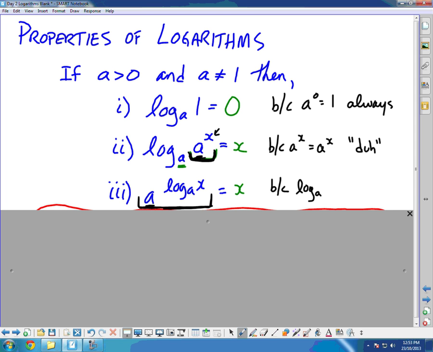What's the answer to this? Well, it's x. So the answer goes right there. And then what's your exponent? Is right here. So log a to the x. It follows the duh principle as well.